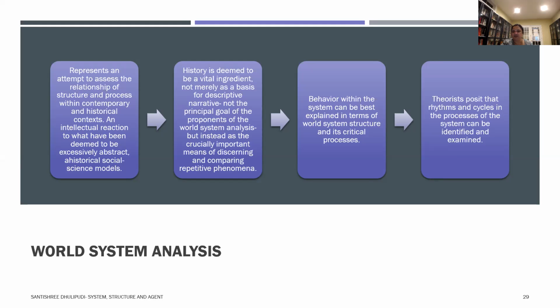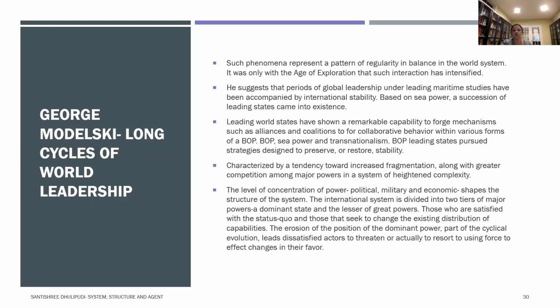Theorists posit that rhythms and cycles in the processes of the system can be identified and examined. George Modelski came out with this model of cycles of world leadership. Such phenomena represent a regular imbalance in the world. It is the age of exploration. He suggests that there are periods of global leadership under maritime security, accompanied by international stability.